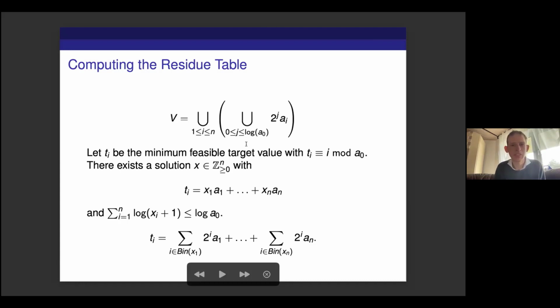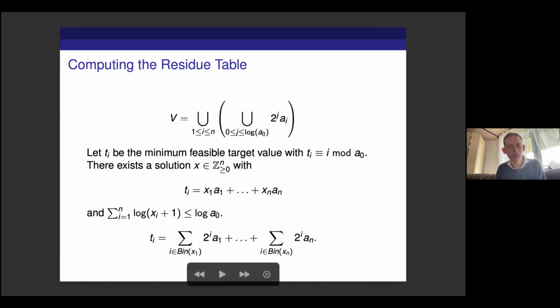And this is where the structure property comes into play. So now I think we have target value T_i, which is the minimum for our respective residue class, and then we have a solution to the T_i. So T_i can be represented by this solution.